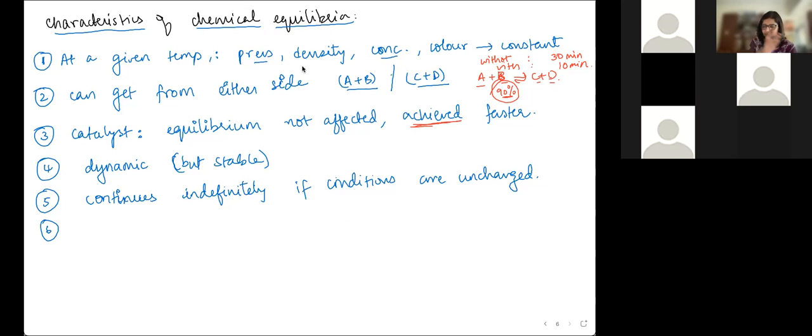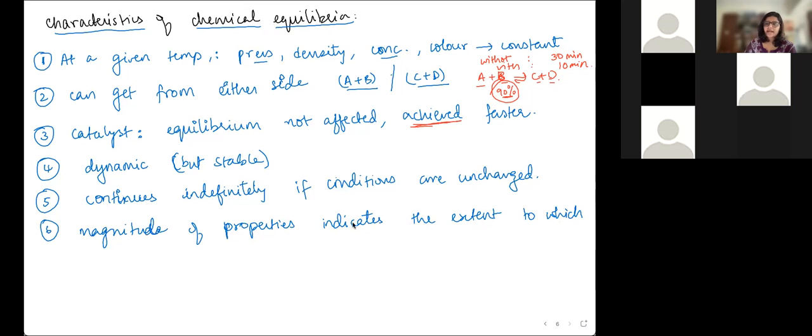The magnitude of the measurable properties indicates the extent to which the reaction occurred before equilibrium.